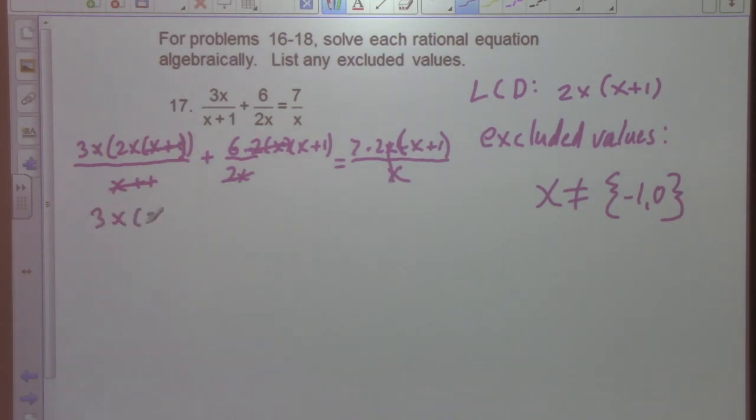3x times 2x. And we have plus 6 times x plus 1. And that's going to be equal to 14 x plus 1. What next?